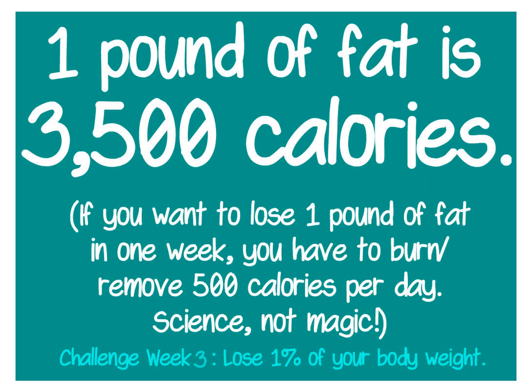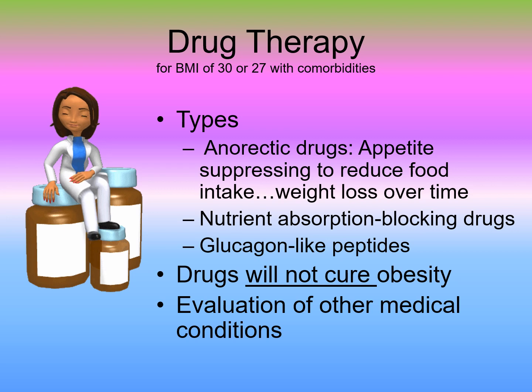One pound of fat is 3,500 calories. So if you want to lose a pound of fat in 1 week, you have to burn or remove 500 calories a day, in the 7 days, and that equals the 3,500. So it's science, not magic, but it takes a long time.